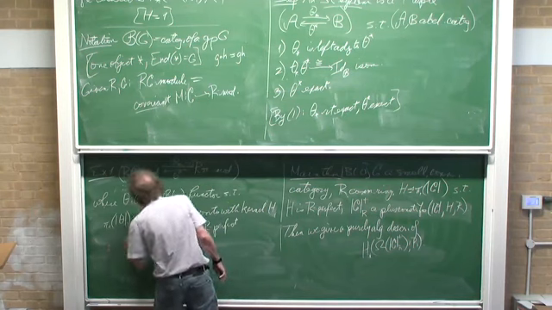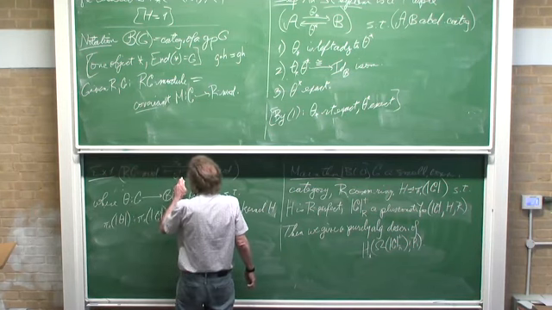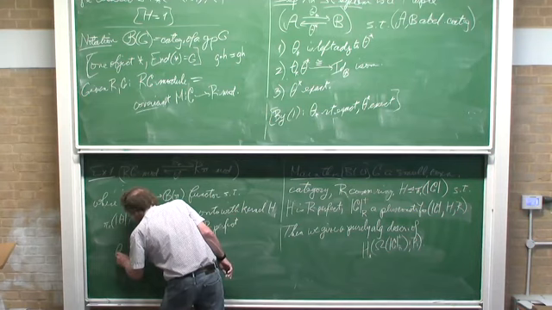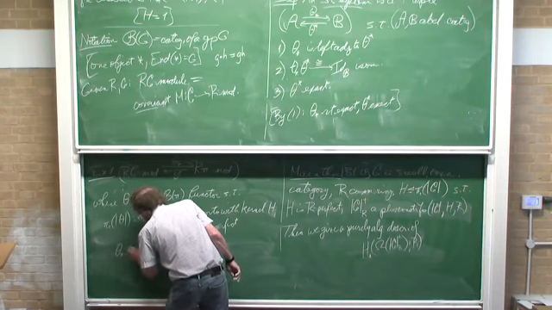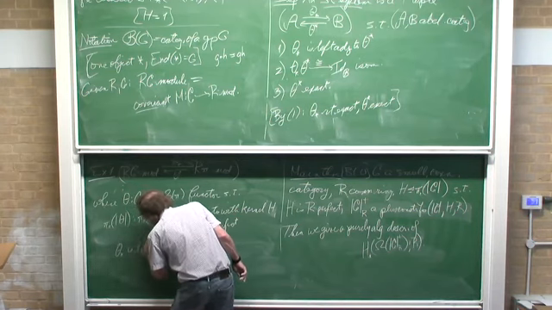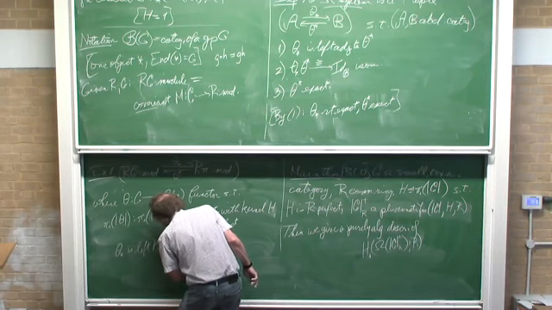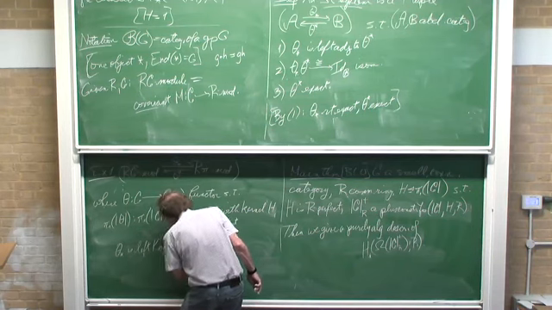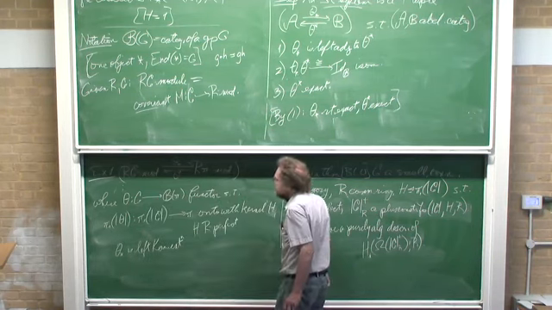Theta upper star is composition with theta, and theta lower star is left Kan extension along theta.